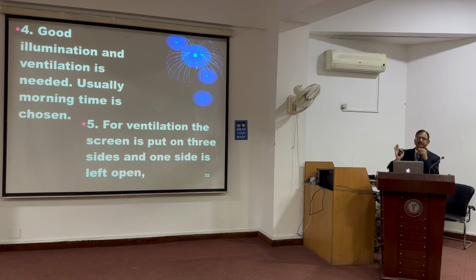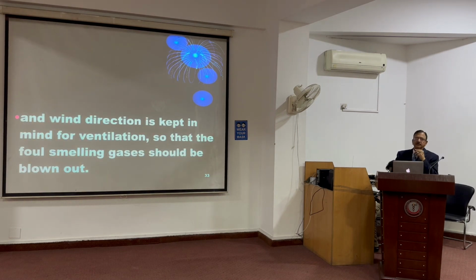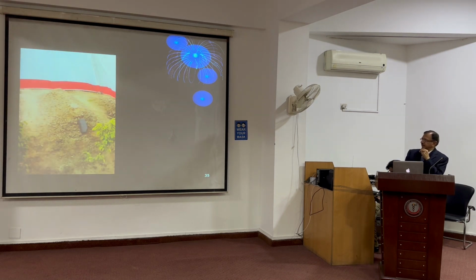That side is left open so that the putrefaction gases should flow out with the wind blow. And that is how three sides are covered with the screen and one side is left open for the ventilation. Then the disinfectant is sprinkled around the body, not on the dead body. This is how the screens are erected around the grave.